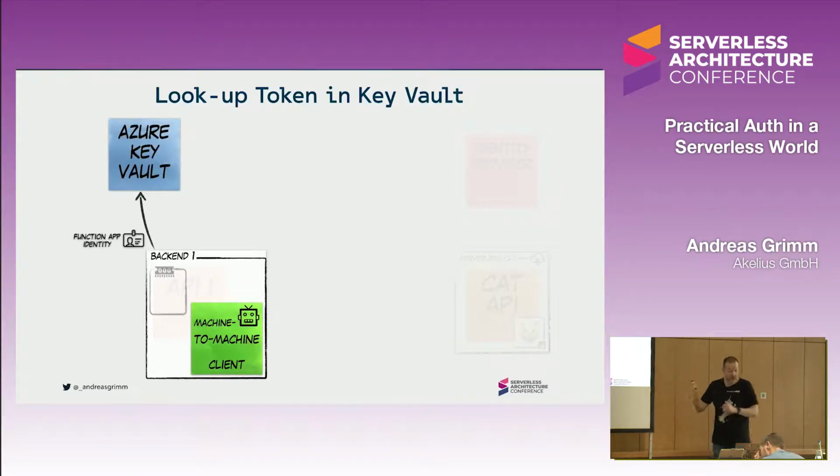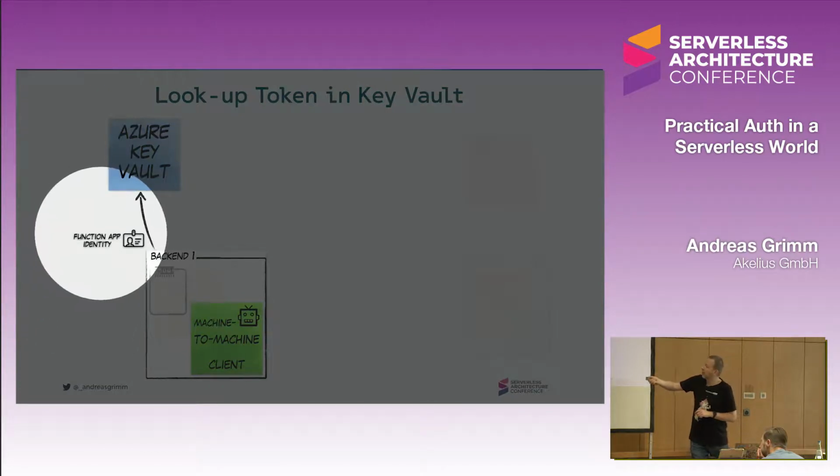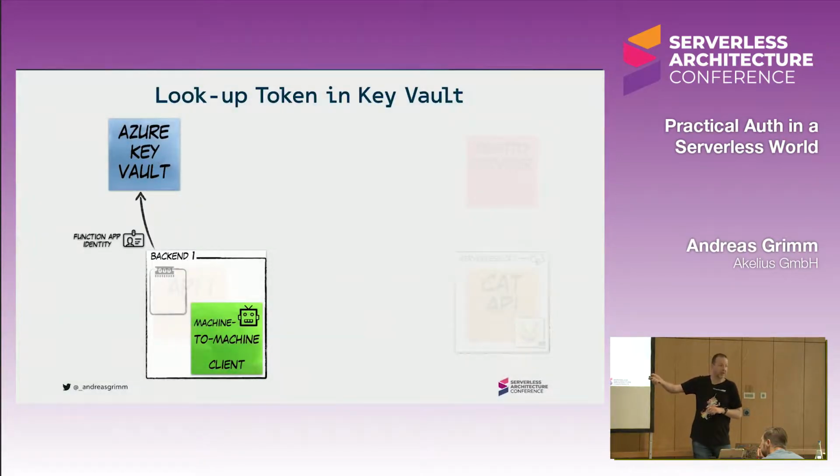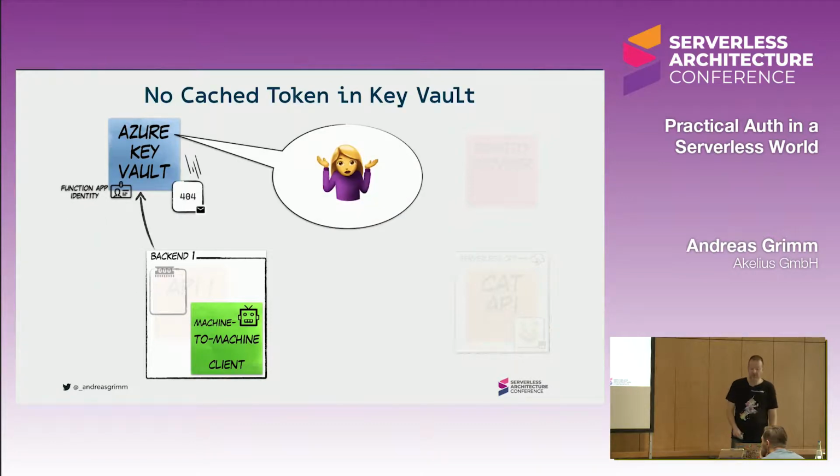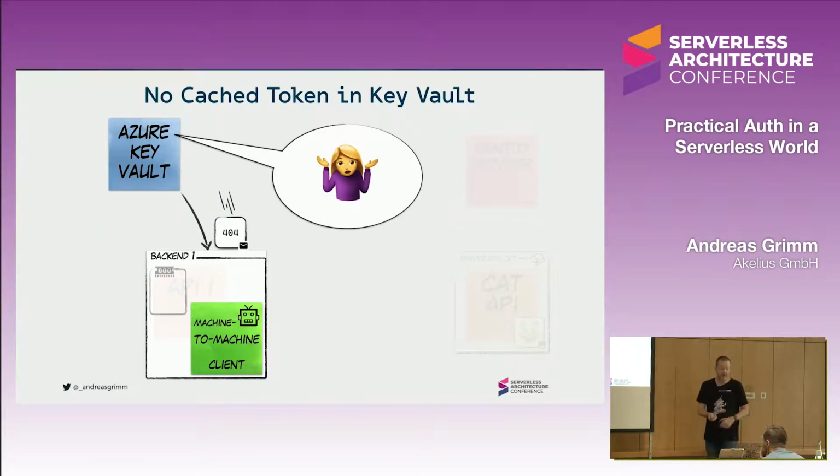If it is not in memory, then we want to get it from Key Vault. And this now is where we can use our function app identity in Azure. So we don't need to specify a shared secret or anything. In AWS, it would be the IAM role that just gets granted the necessary rights to access Key Vault. And this solves this secret zero problem, this bootstrapping problem of those other products that they typically have.